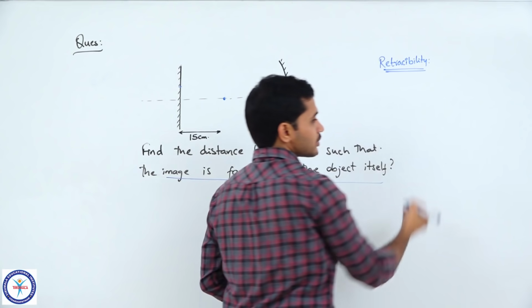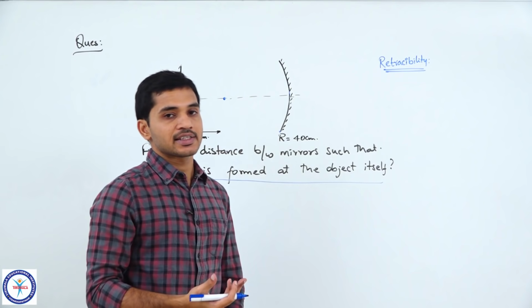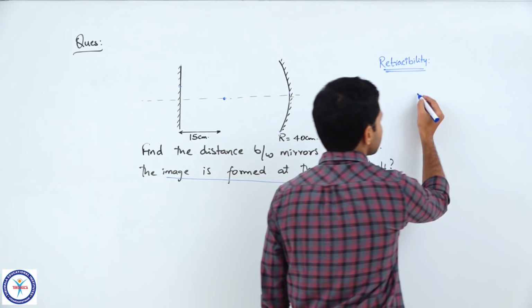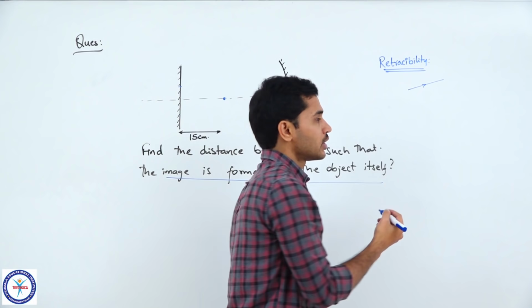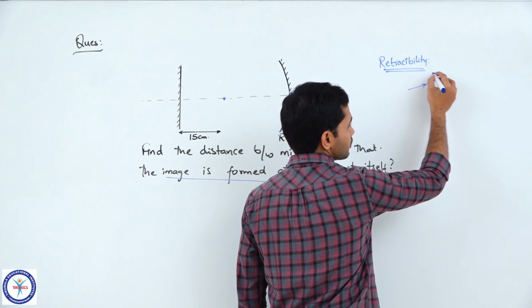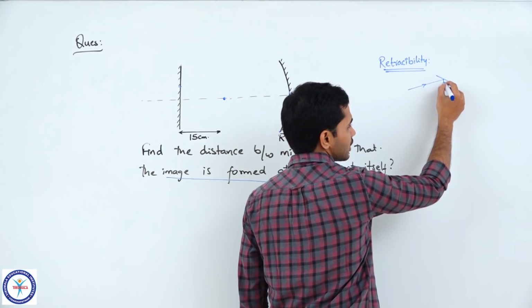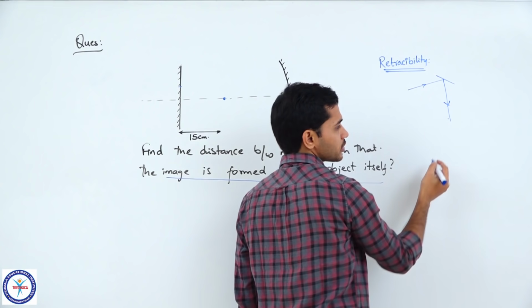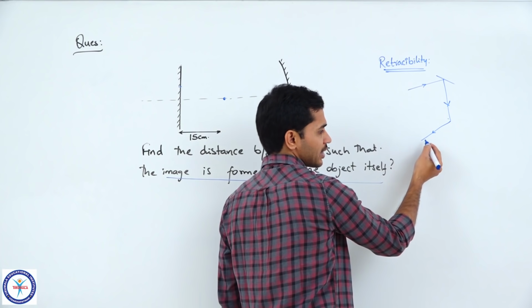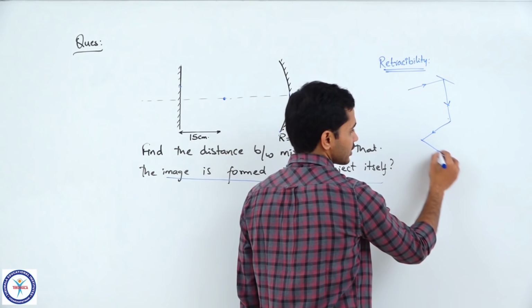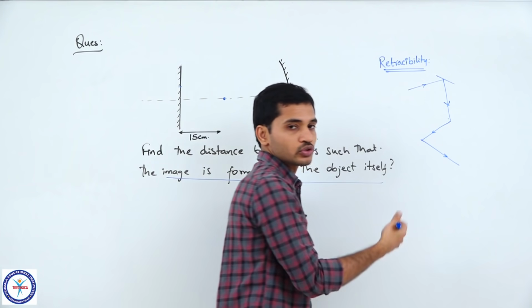Now, what retraceability means is that every light ray has this property. For example, let us consider a scenario like this. A light ray is incident in this manner, and if it gets reflected by some surface over here, it moves like this along this path, it gets reflected once again here, moves like this, again another reflection and moves like this, and so on.